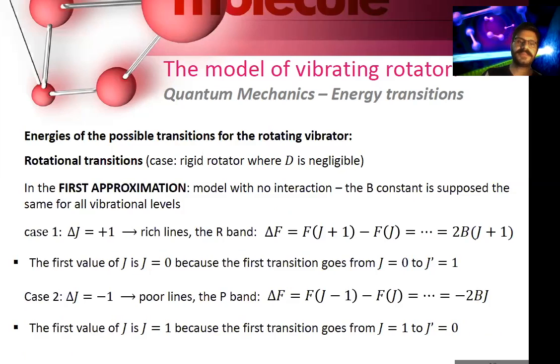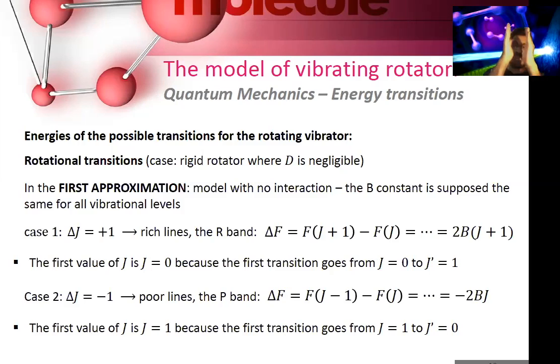Okay, so now there will be a set of situations. They might look complicated because it's a lot of writing, but you can nicely just draw a diagram in your book or your notebooks. We are now in the first approximation, the rigid vibrating rotator, which means that there is no influence between the two motions.